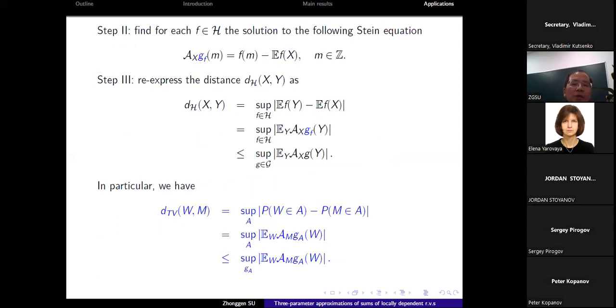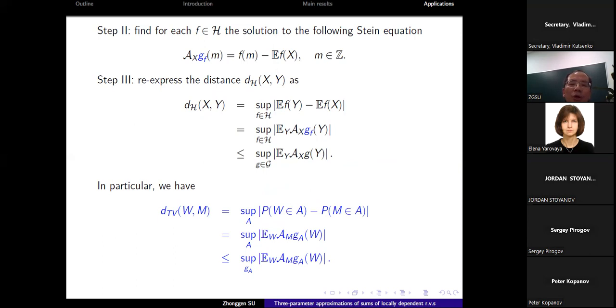Second step is to find a solution h_f to the so-called Stein equation. And the last step is to rewrite the distance d_H between X and Y as follows.